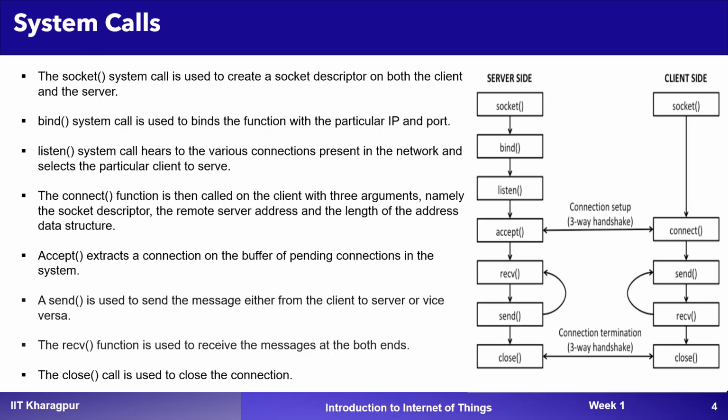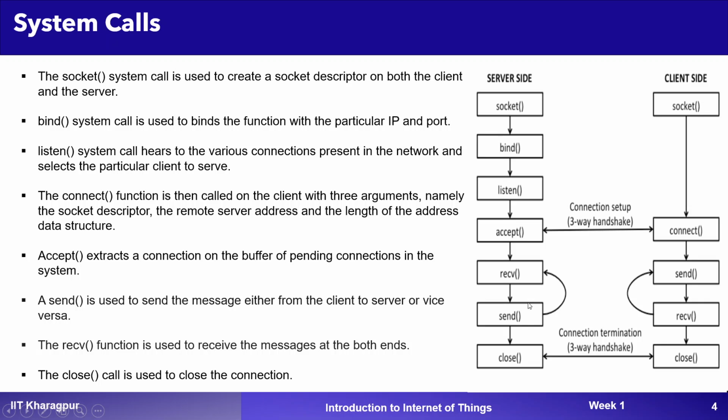After that there may be various clients available in the network, so all the clients are trying to connect to the server. So those clients will make the connect call, and out of these clients the server has to accept any one of these clients. So in order to accept, the server is going to make use of the accept call.